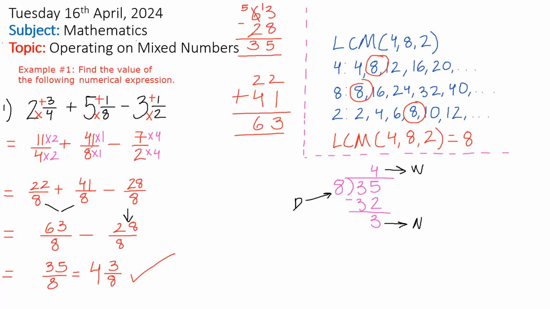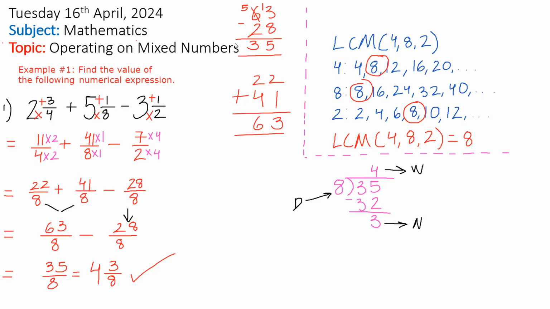So whatever we do to the bottom, we must do to the top, right? So we have 11 times 2. Then we do 8 times 1, so we do 41 times 1. And then we do 2 times 4, and we do 7 times 4. You understand that now? Yes, sir. Okay, good. Now continue.